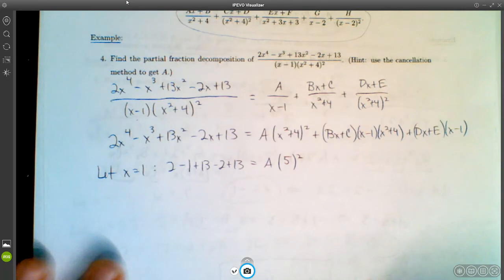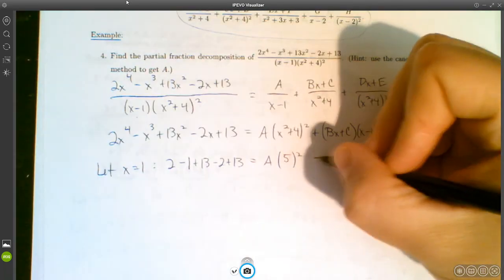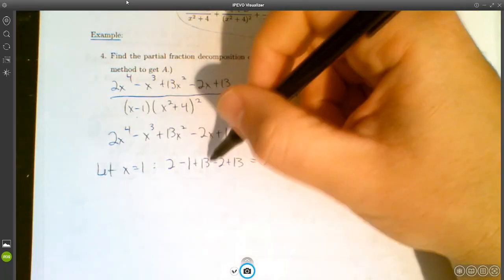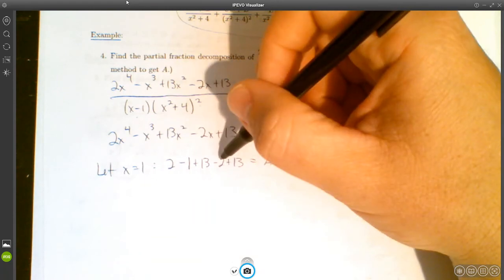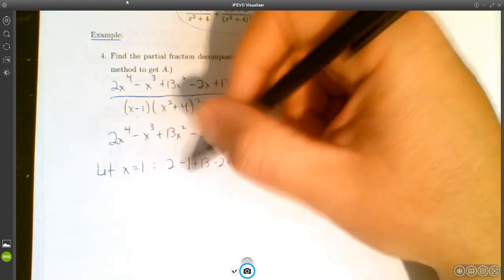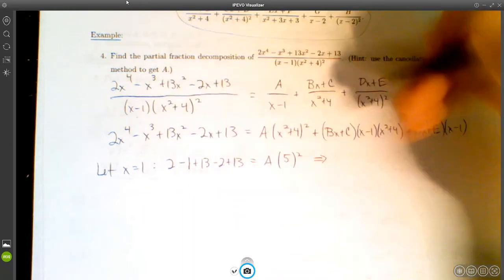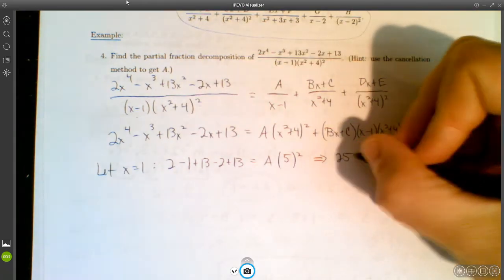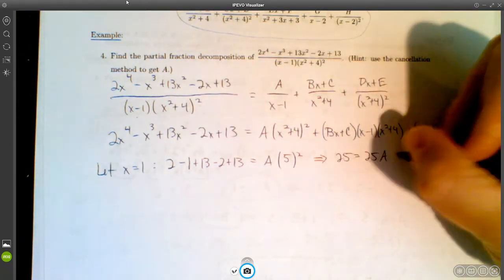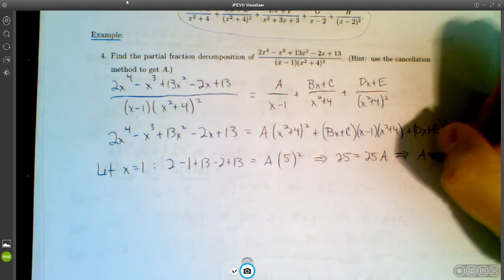And everything else is gone, right? So this implies 13 and 13 is 26, minus 2 is 24, minus 1 is 23, plus 2 is 25. So I get 25 equals 25a. Oh, look at how nice that works out. A is 1.